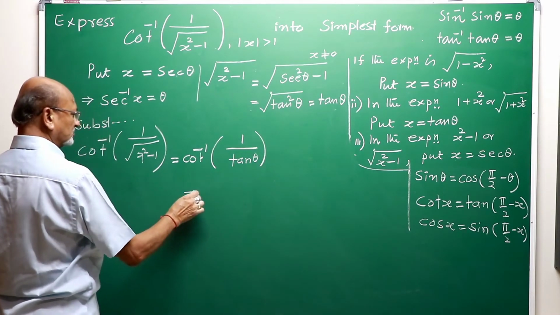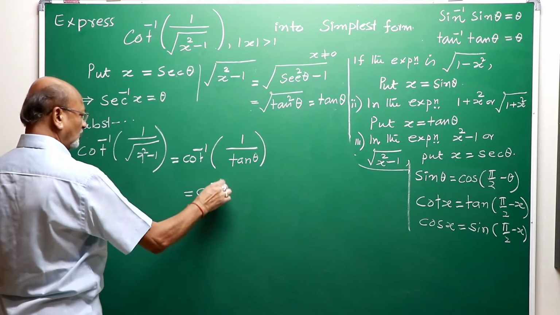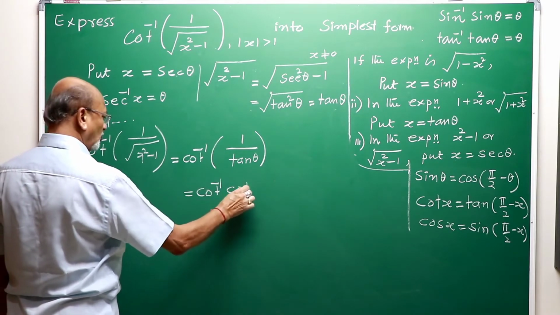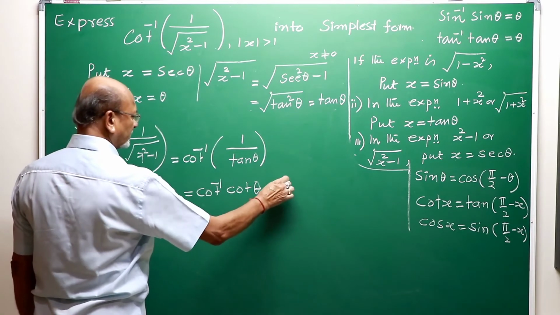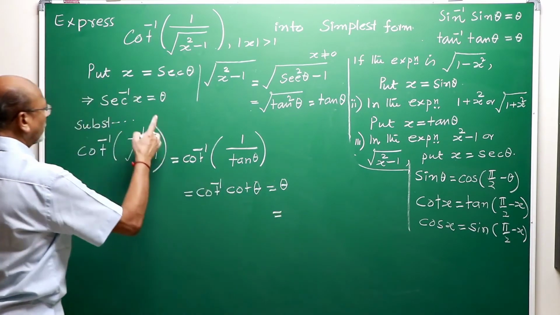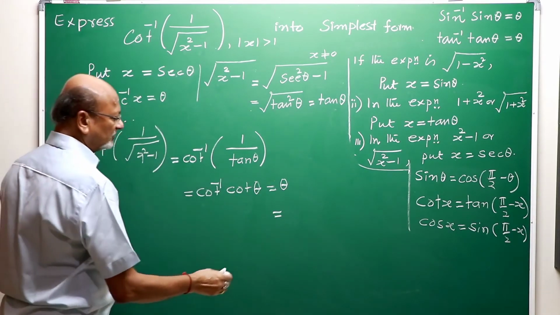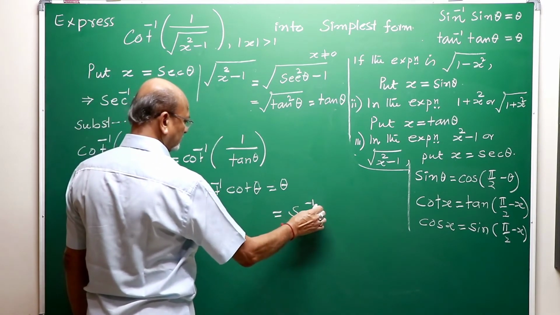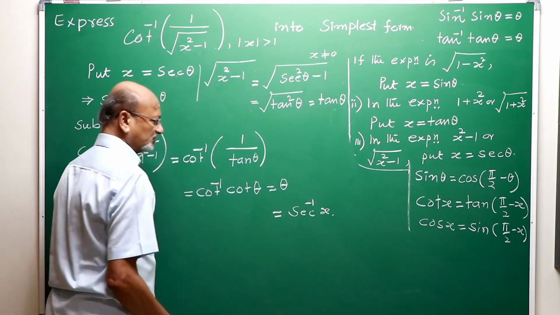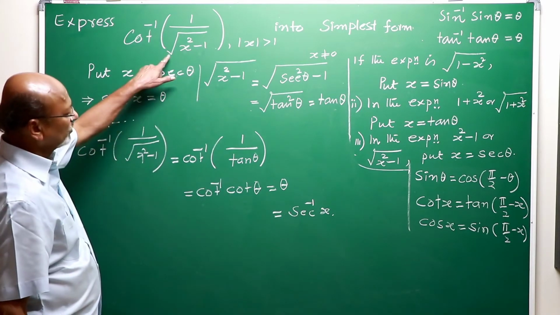Cot inverse of 1 by tan is cot theta. What is cot inverse of cot? Theta, my friends. And theta is sec inverse x. Yes, the simplified form of this is sec inverse x.